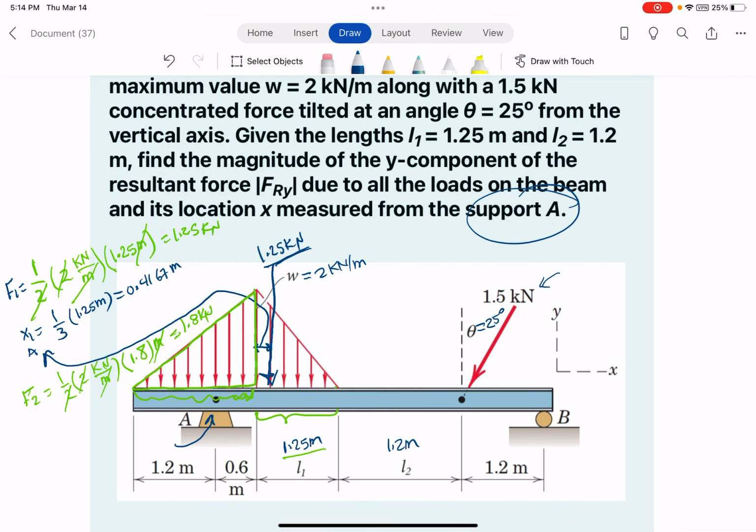So if you want to draw it, I need to find out the location now, because point A is very close. Let's see. So it's 1/3. You can see from here to here, 1/3 of 0.6 and 1.2, which is 1.8. So that's going to be 0.6. That's going to be exactly here at the hinge.